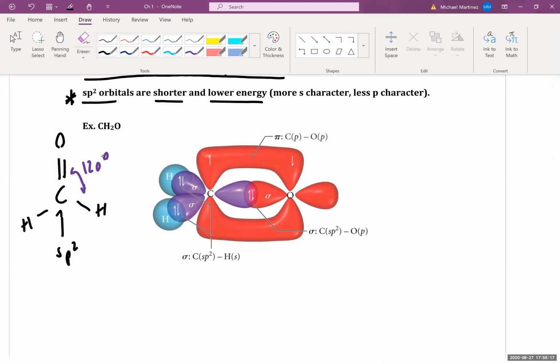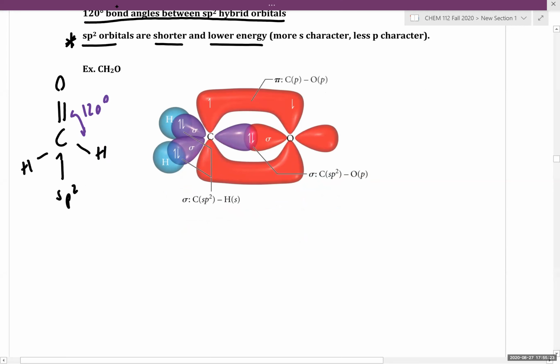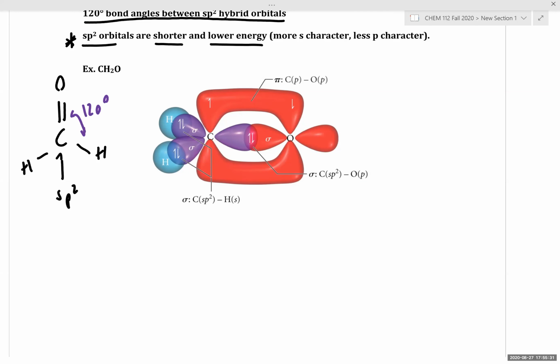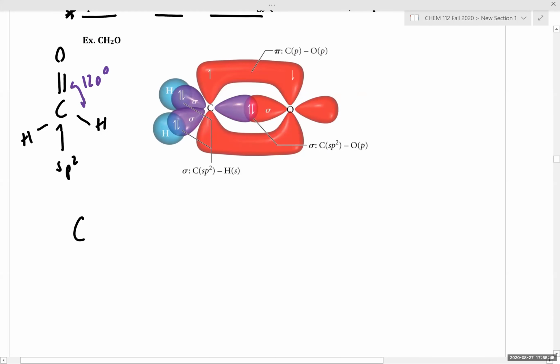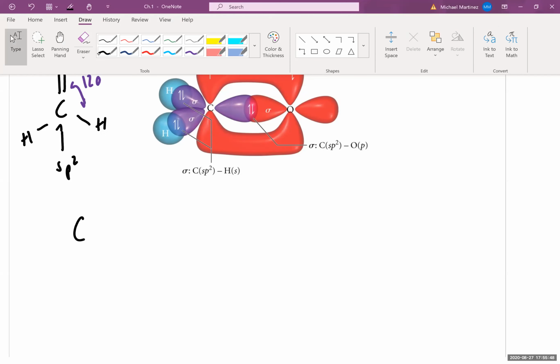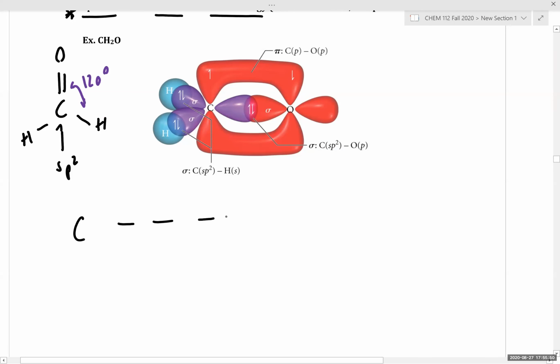Now, let's try to draw out an orbital picture for formaldehyde from scratch and explain our observed bonding pattern. For carbon in formaldehyde, we start off, as always, with an s orbital and 3 p orbitals. Carbon has 4 electrons to its name.